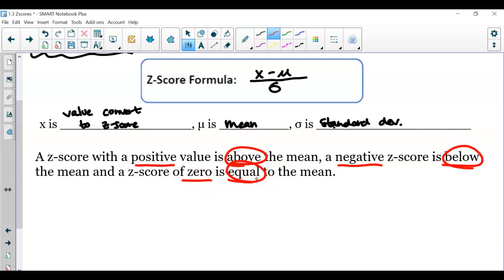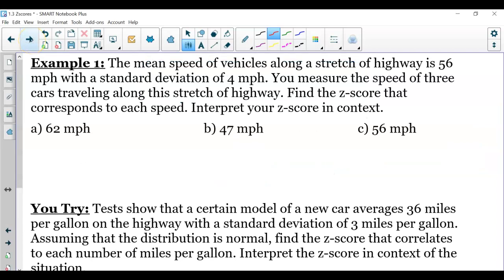It's right there at the mean. For this first example, we are given that the average speed of vehicles on the highway is 56 miles per hour. So that's your mu, with a standard deviation of 4. So that's your sigma. We are going to look for the z-score and interpret the z-score in context.